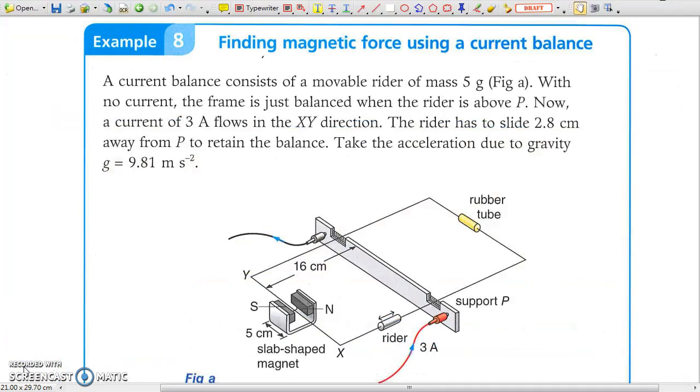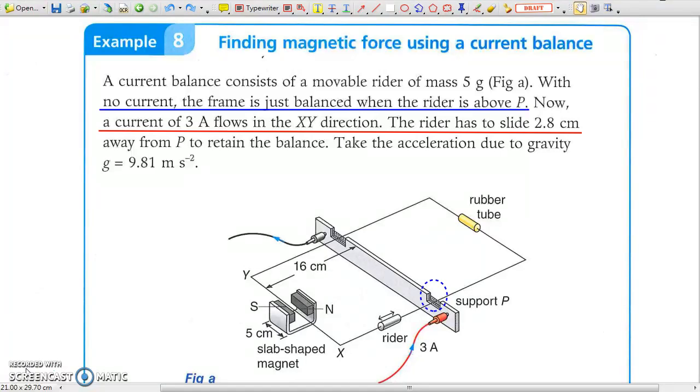Example 8. Finding magnetic force using a current balance. Instead of using a balance, a rider is sometimes used to measure the magnetic force. In this case, the rider is at P when there's no current flow.